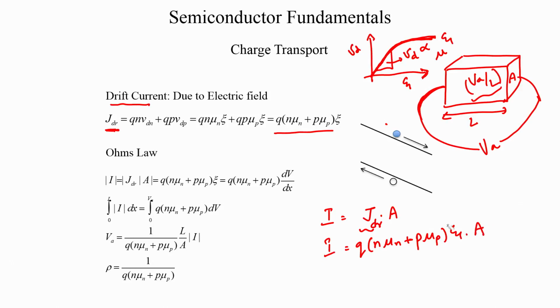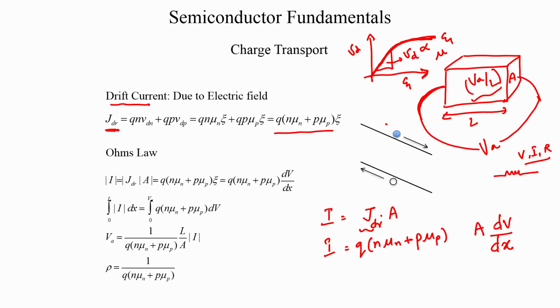Now the electric field is nothing but your dV by dx. You can throw in a negative sign, but we are interested in the magnitude of the current, because in order to derive Ohm's law, I really want to establish a relation between the voltage, the current and the resistance of a resistor, and therefore the direction of the current is not really a matter of concern right now.